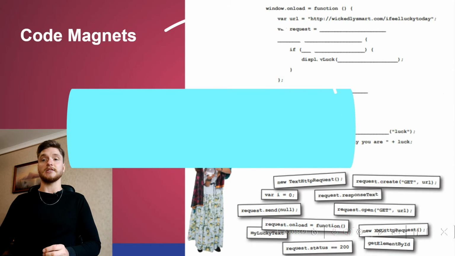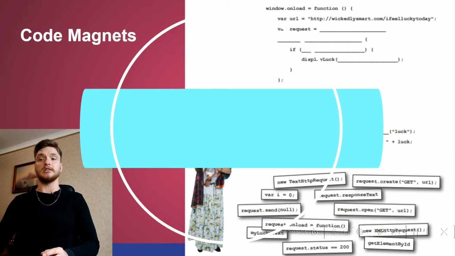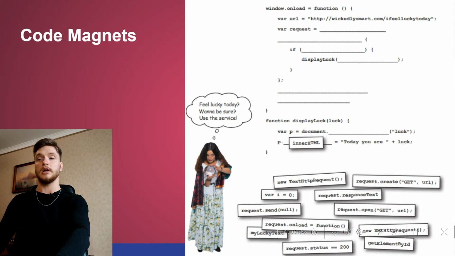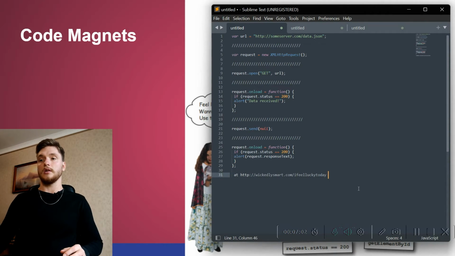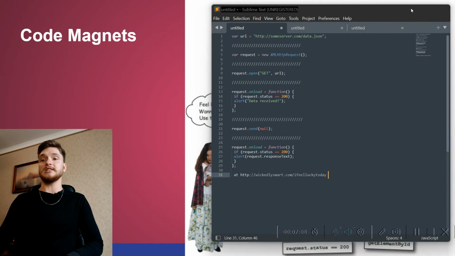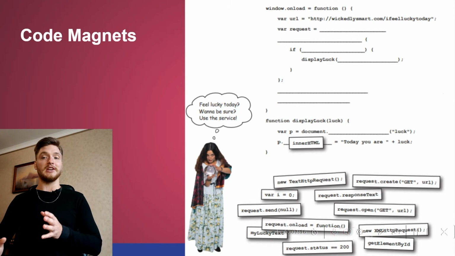And exercise: code magnets. A new web service at http://smart.com. I feel lucky today. I will show you the address. It returns either unlucky or lucky each time you hit it. The logic is based on a secret algorithm we can't reveal, but it's a great service to let users know if they're lucky or not on a given day.